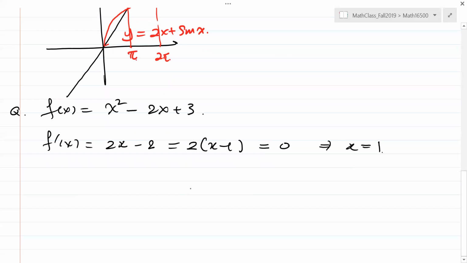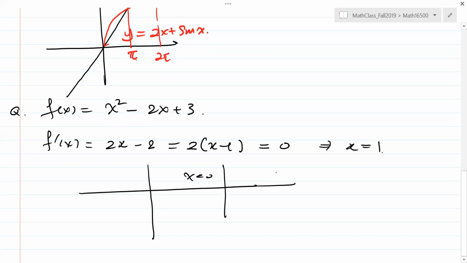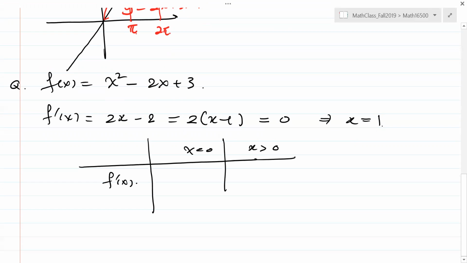So 1 divides the interval into two parts: x less than 1, and x greater than 1. The derivative function is 2 times (x minus 1). When x is less than 1, the derivative is negative.